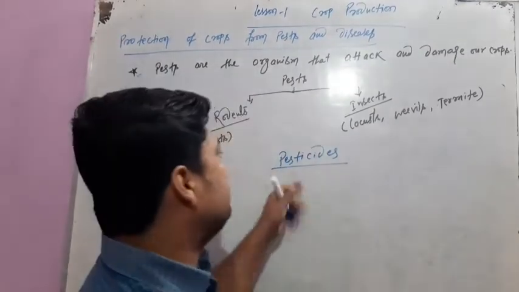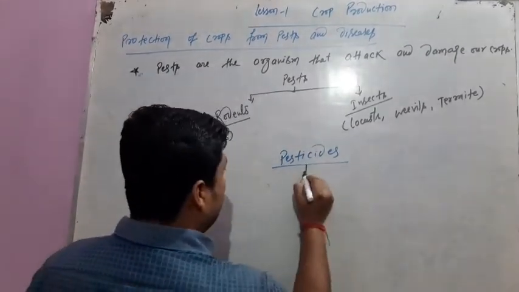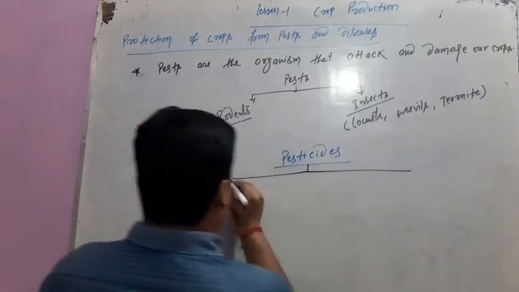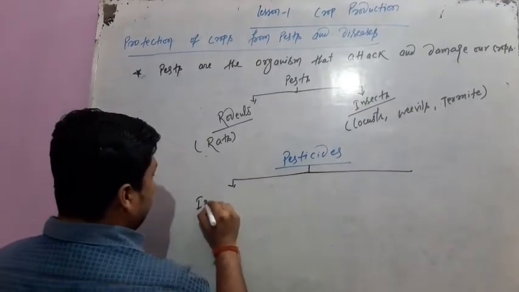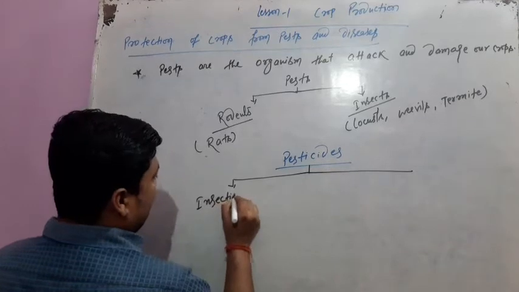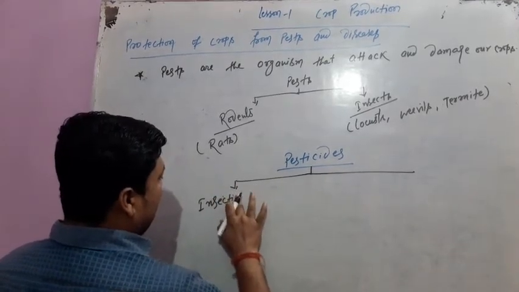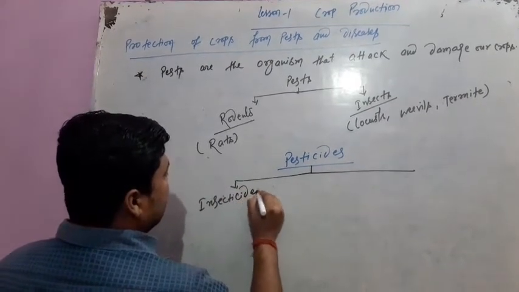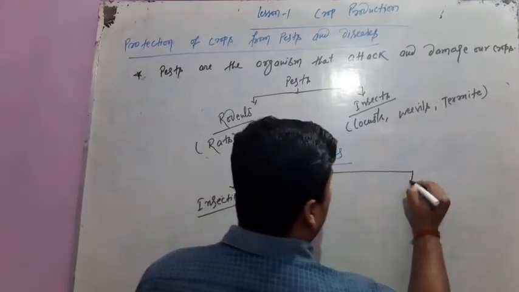There are two types of pesticides. One is called insecticides and the second is called rodenticides.